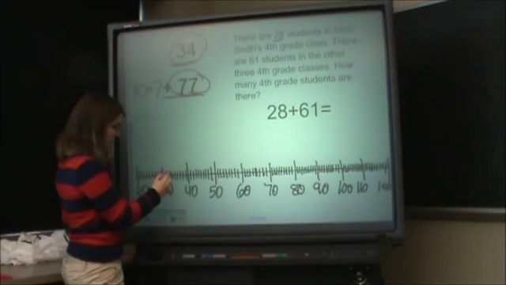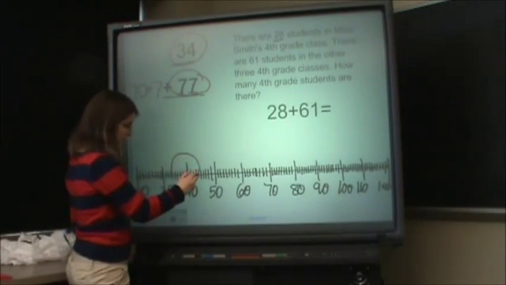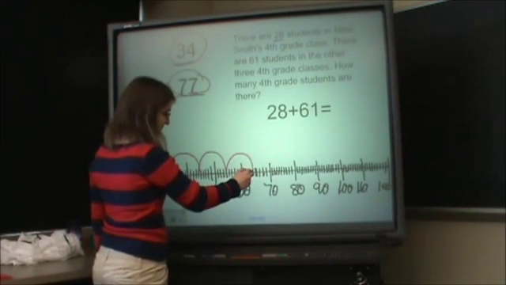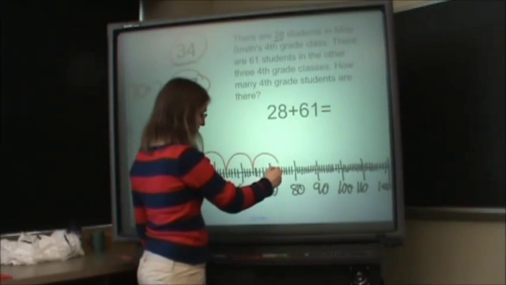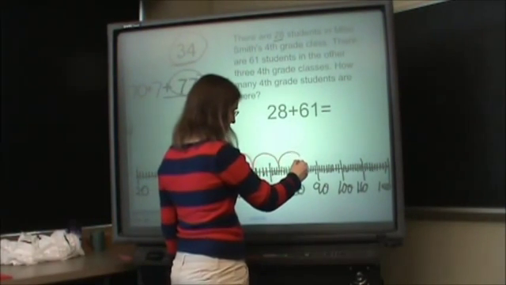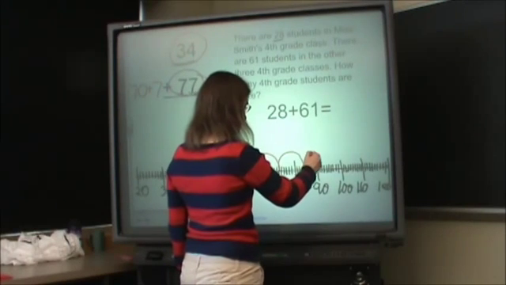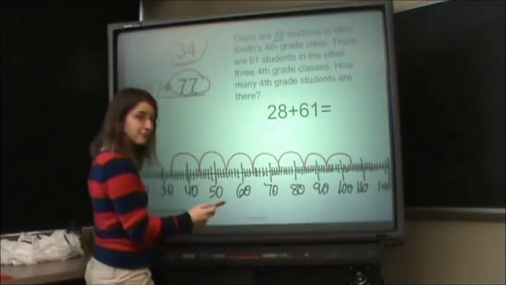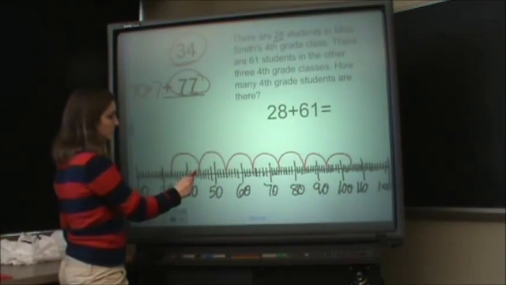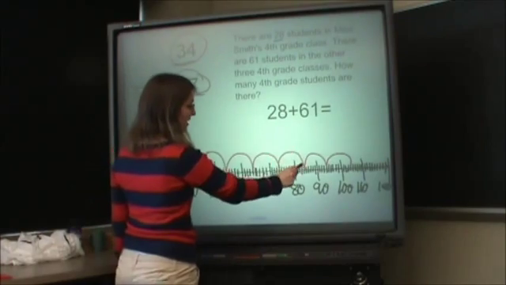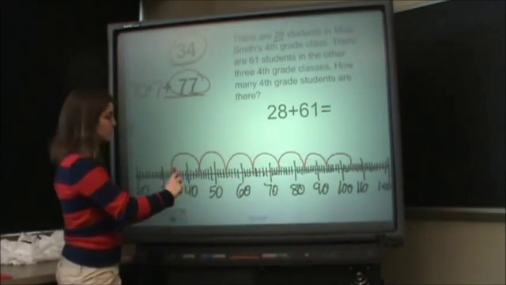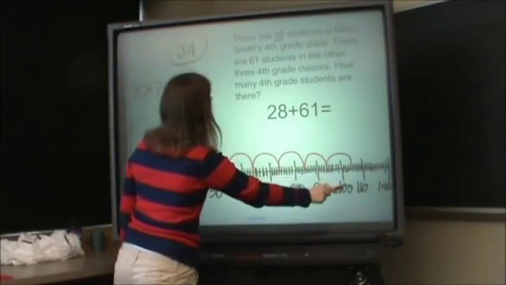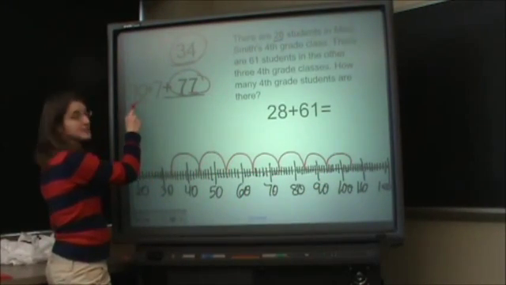So I go 34 to 44 to 54 to 64 to 74 to 84 to 94 to 104. Let's see, did I count forward enough times? 1, 2, 3, 4, 5, 6, 7. Or we could say 10, 20, 30, 40, 50, 60, 70. But I've only counted up 70.